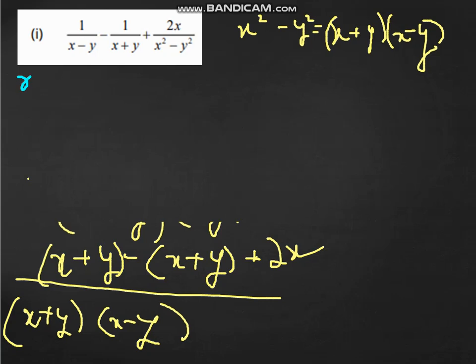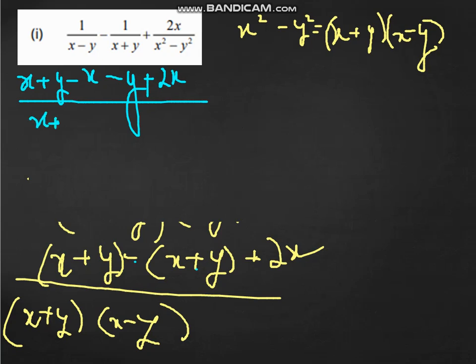Okay. So x plus y minus x, and then negative and positive becomes negative. So negative y plus 2x divided by x plus y, x minus y.